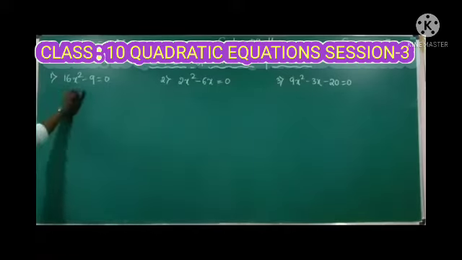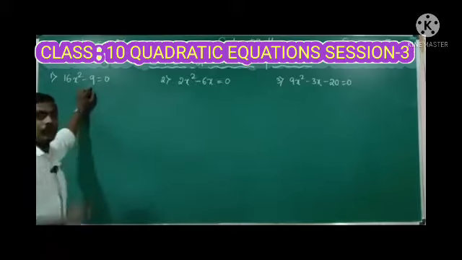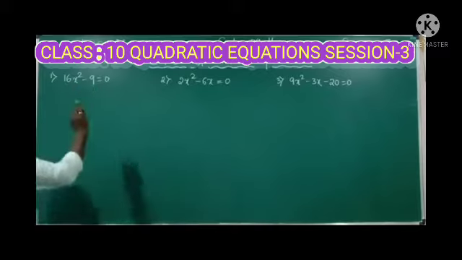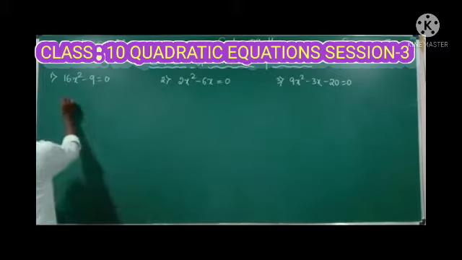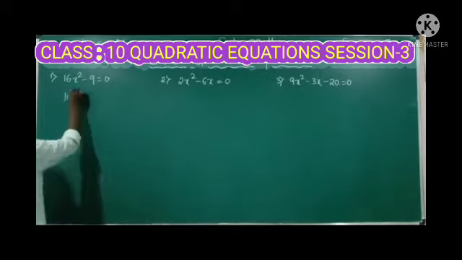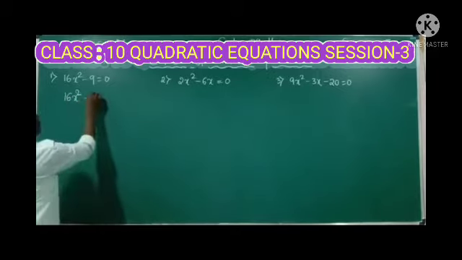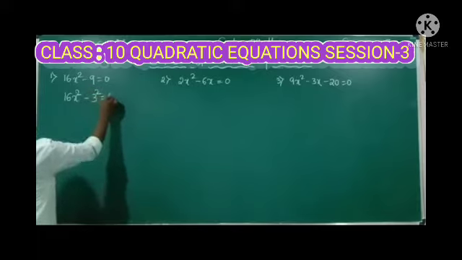Here only two terms are there. 16x square minus 9 is equal to 0. First convert this 9 in terms of squares. So how can you write the 9? 3 square, right? So 9 can also be written as 3 square. So 16x square minus 3 square is equal to 0.